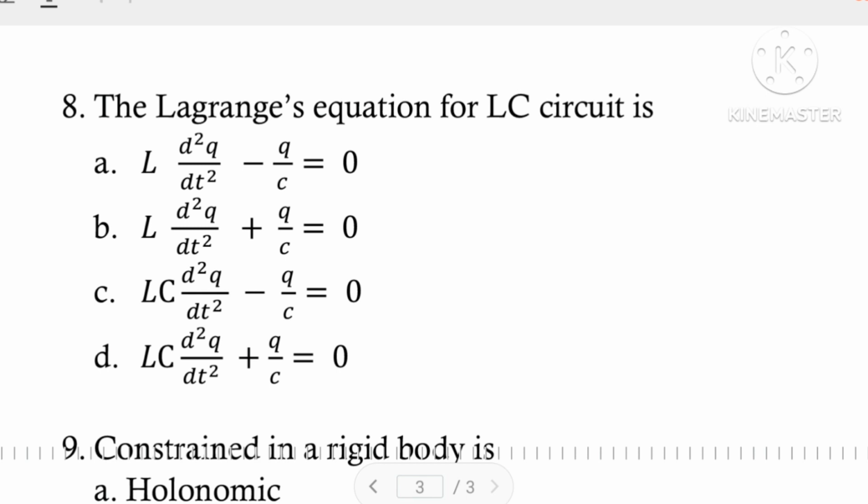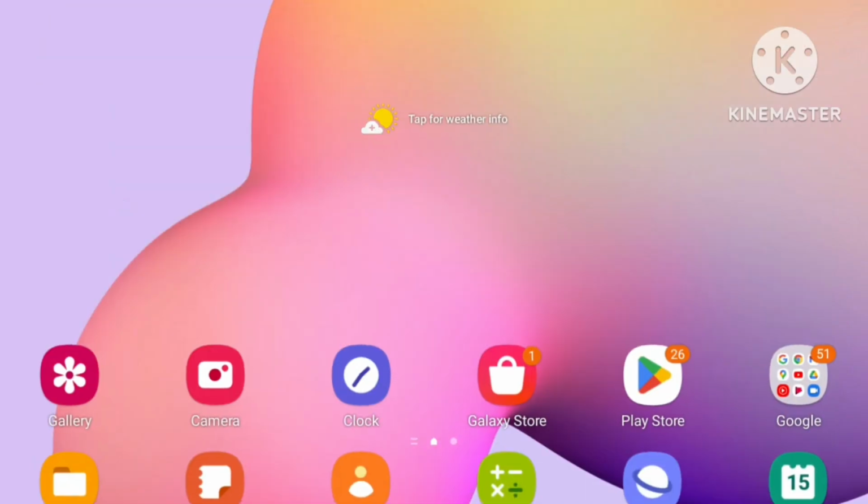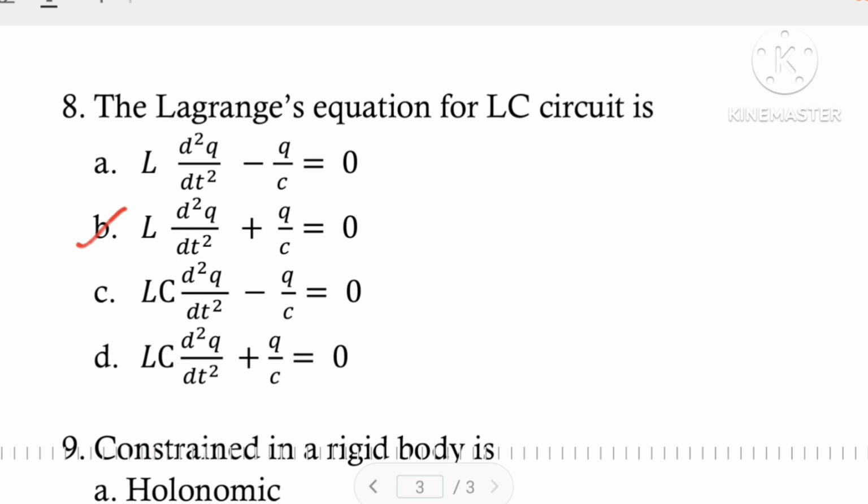Option D, LC into d square q by dt square plus q by c equal to 0. The answer is option B, L into d square q by dt square plus q by c equal to 0.